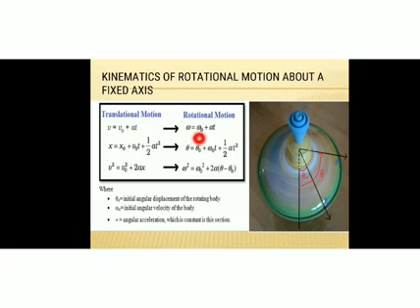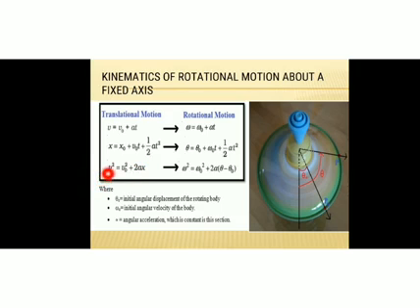So the equation will become omega = omega0 + alpha t. And here x = x0 + v0 t + (1/2)at². It is replaced by theta = theta0 + omega0 t + (1/2)alpha t², where theta and theta0 are the angular displacements.